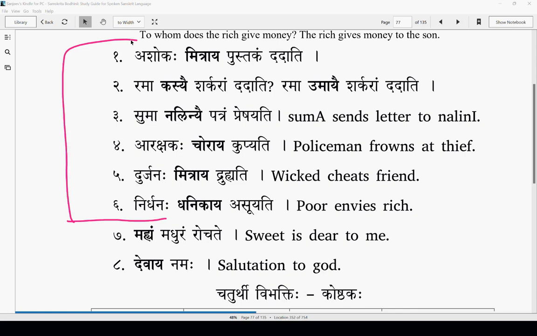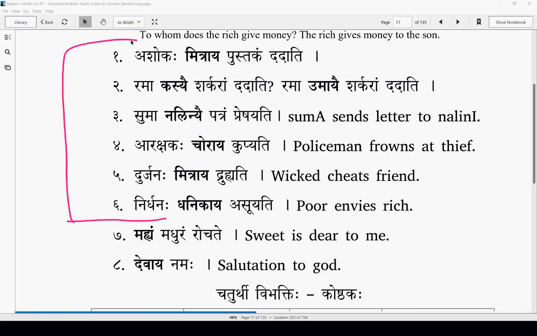No, asuyati. Ajnanaya, no, asuyati. No, Mahodaya. Okay, but that's okay. So Pandita. Panditaha Ajnanaya asuyati. So they envy the ignorance. Ignorance. That's fine. Okay. Thank you.